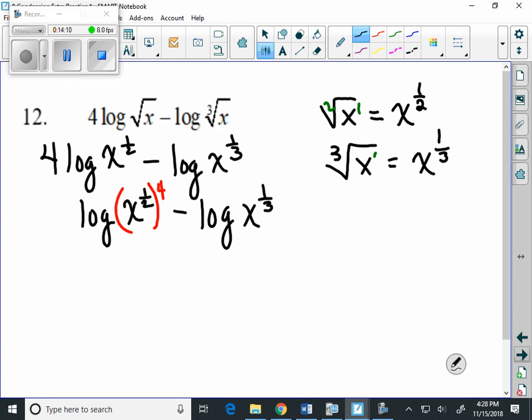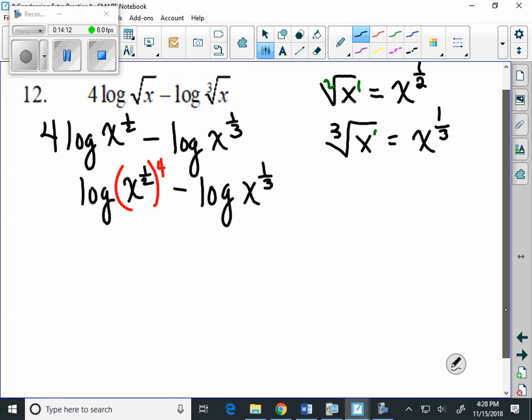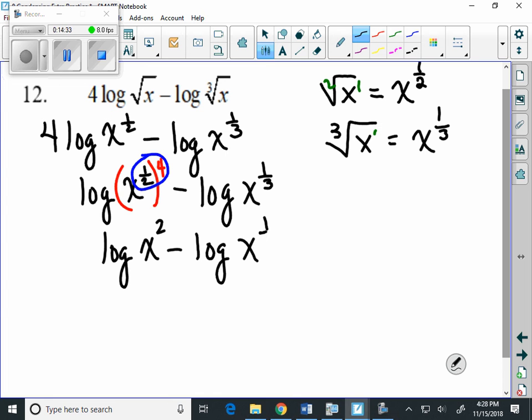We talked about this on one of the earlier problems. x to the 1/2 raised to the 4th means that we have to use the power of a power rule, multiplying those exponents. So we're going to get log of x squared, since 1/2 times 4 is 2, minus log of x to the 1/3.